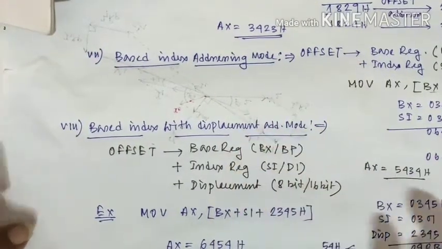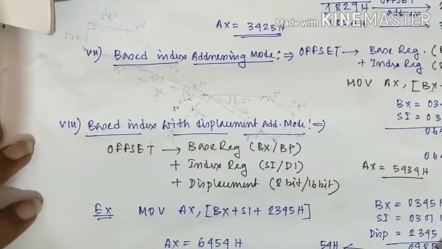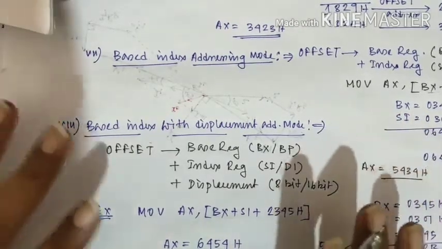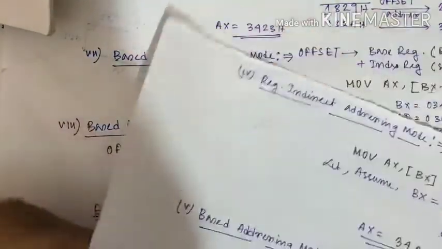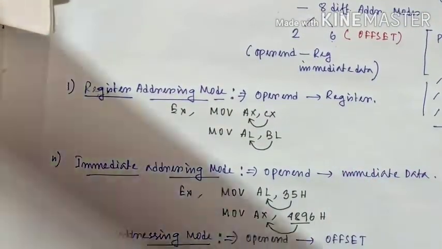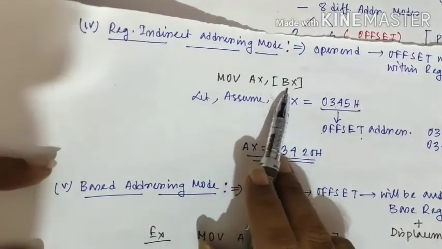So in this way we find different ways of addressing modes. In the last six we have understood that they basically represent the offset, but the offset has been represented in different ways. For the first one, the offset was directly mentioned within the instruction. Then the offset was given within a register.